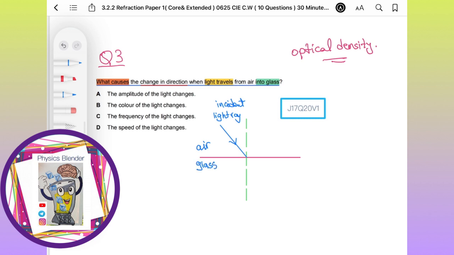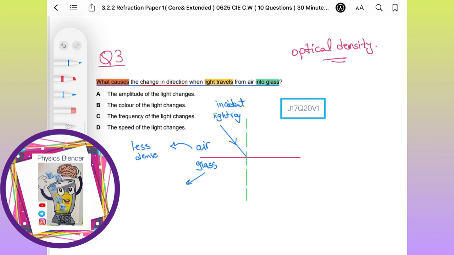What is the difference between air and glass? Why do we consider them as different media? Air is less dense. Glass here is denser.